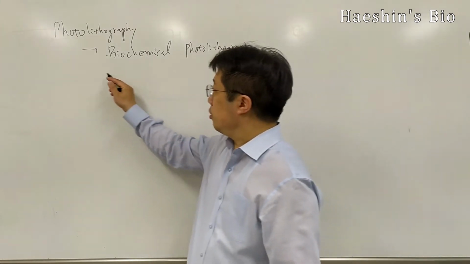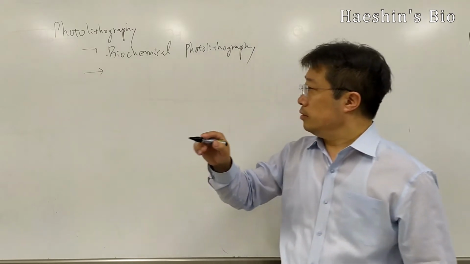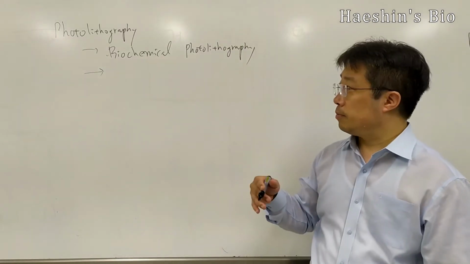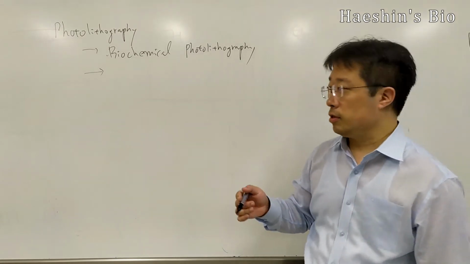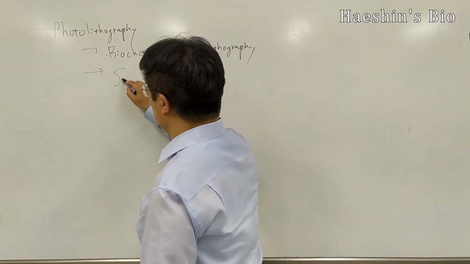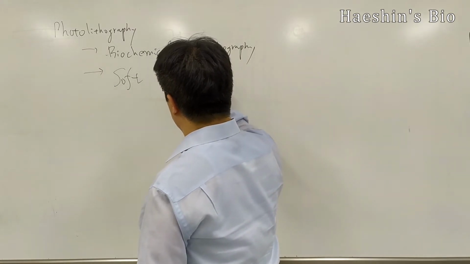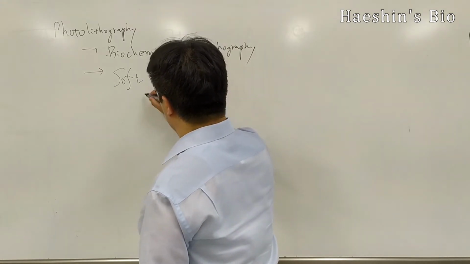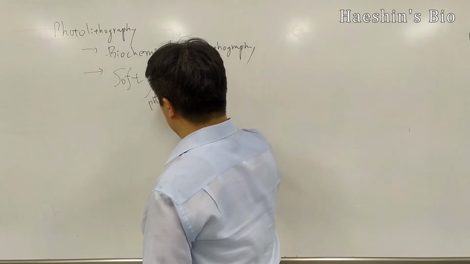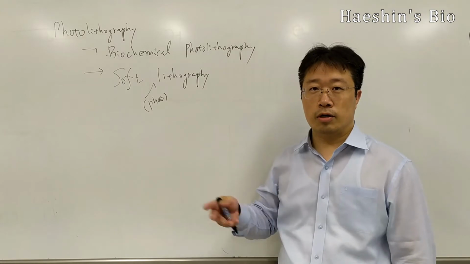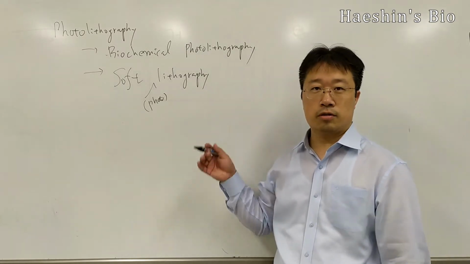There is a special term for explaining biochemical or biological lithography. We call it soft. So you can say photo, or generally speaking, soft lithography. You can Google this soft lithography.